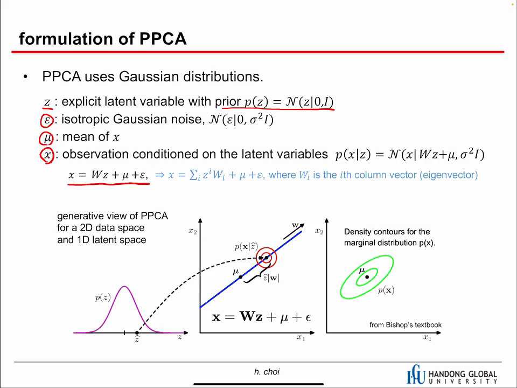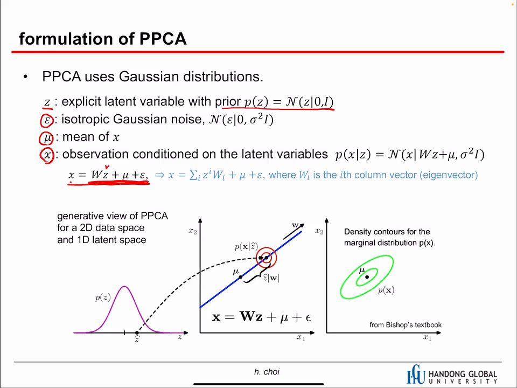Z is given, then with W and mu and epsilon, we can generate X. Don't get me wrong, X is the observation, but in this model, we assume that Z is given and X is generated by these formulations.